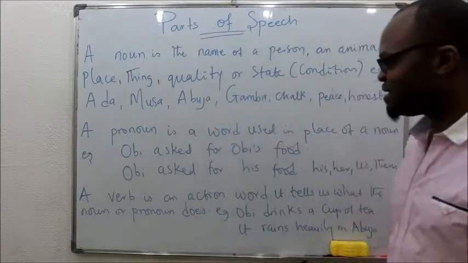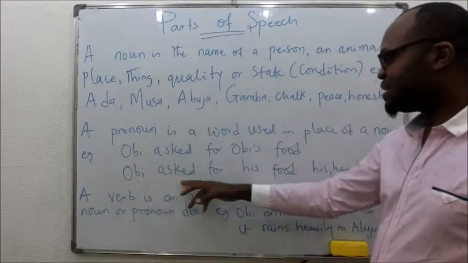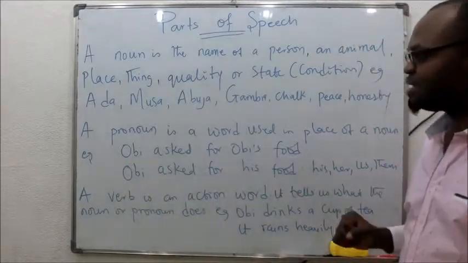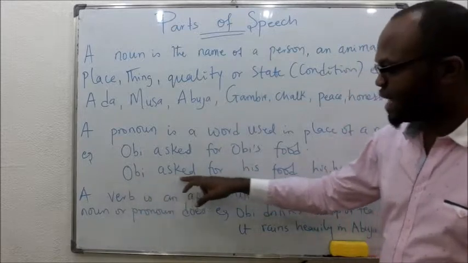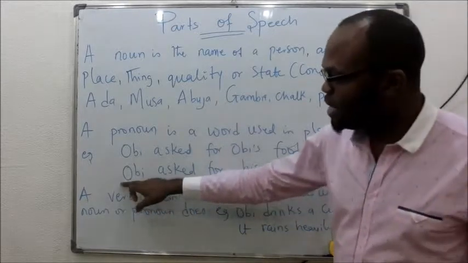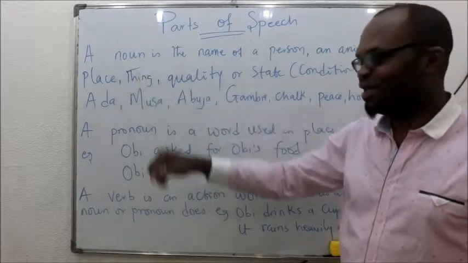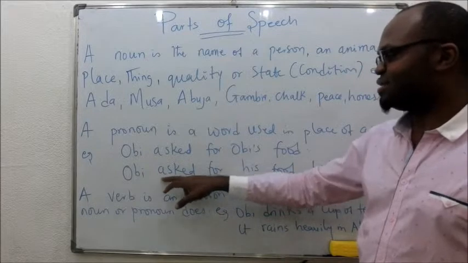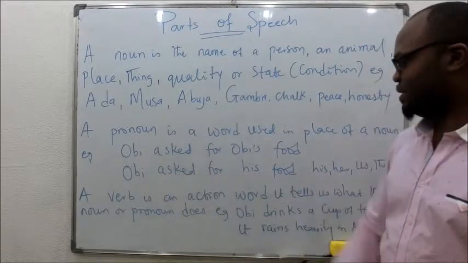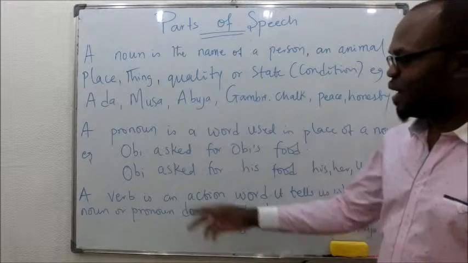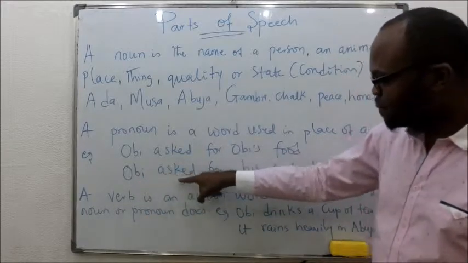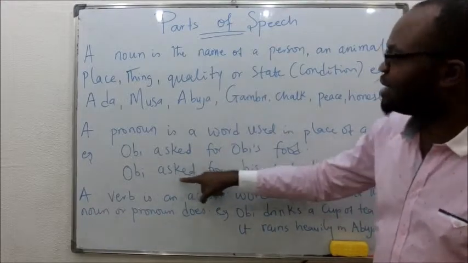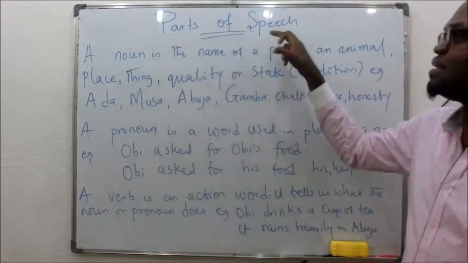When you make a statement like Obi asked for his food, this is a simple statement in which you can identify the various parts. You can say that Obi here represents a noun, because a noun is the name of a person, place, or thing. Asked is the action, so it is a verb. You understand? So your ability to identify these various parts of a speech or statement or sentence is what we are going to be learning in parts of speech.